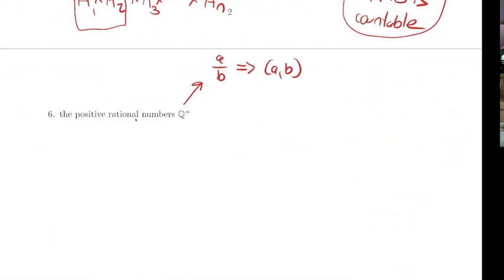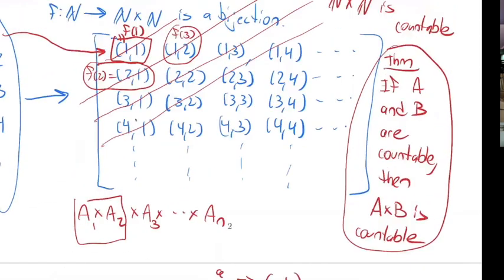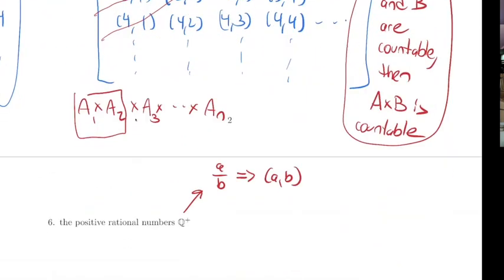So I can almost think about this as a Cartesian product of something, where we're just going to restrict ourselves to a and b whose ratio is positive. We're only thinking about positive rational numbers. And so, for example, we can think of 1 as 1 over 1, and thus we can think of 1 as the ordered pair (1, 1).